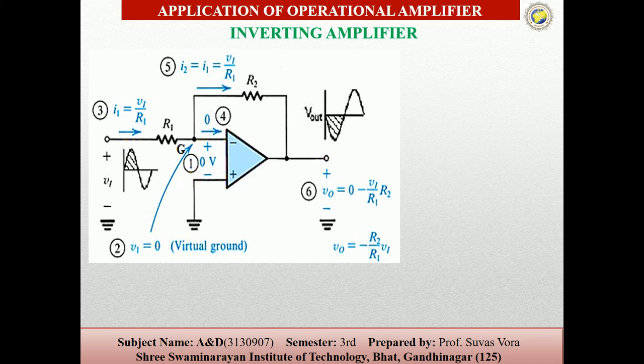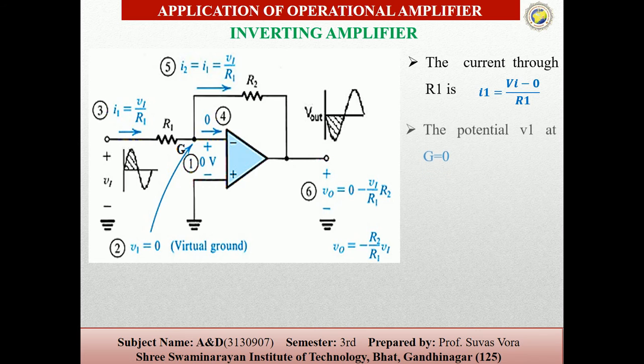Now the current through R1 is Vi minus 0 upon R1, because the potential at the virtual ground is 0.